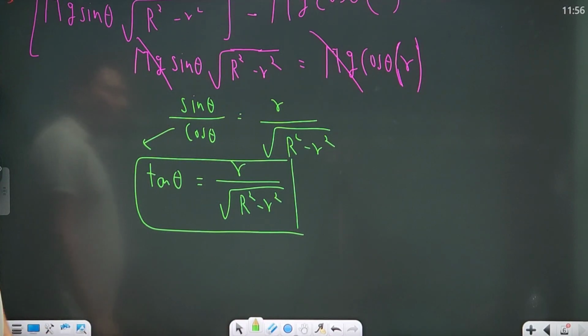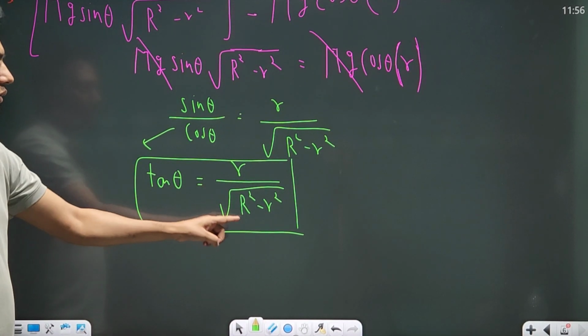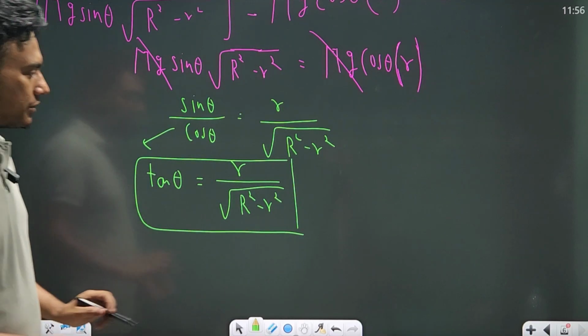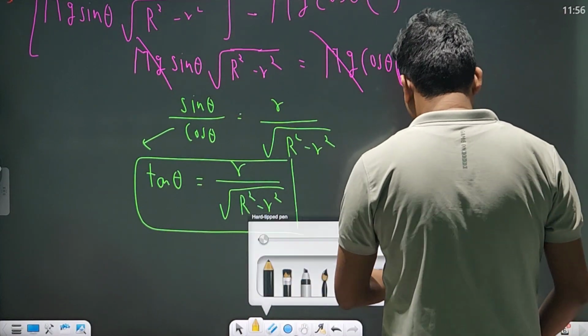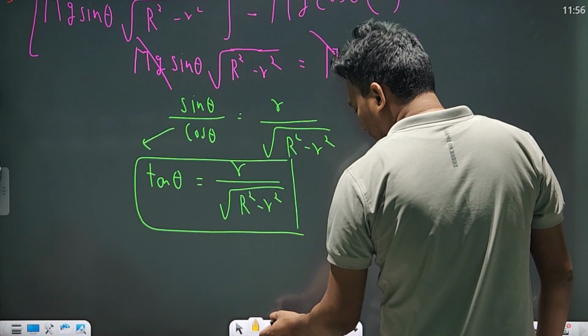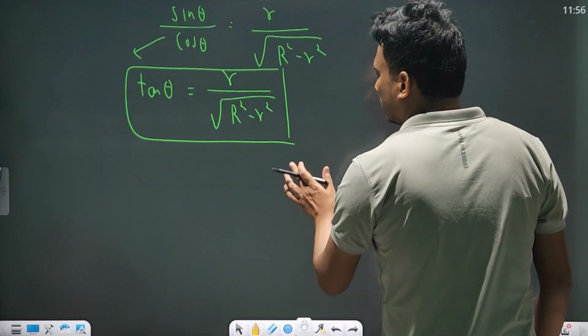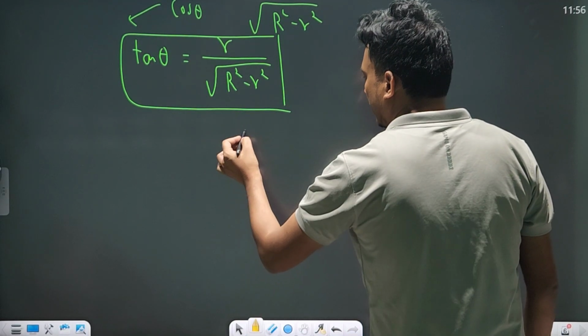But if I check the options, tan theta equal to r upon the square root of R squared minus r squared is not mentioned. So according to the options, I make a simple diagram here. You make the geometry of this tan theta like this.